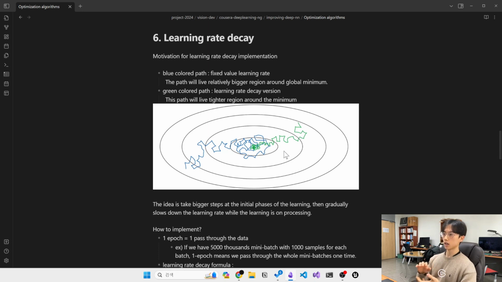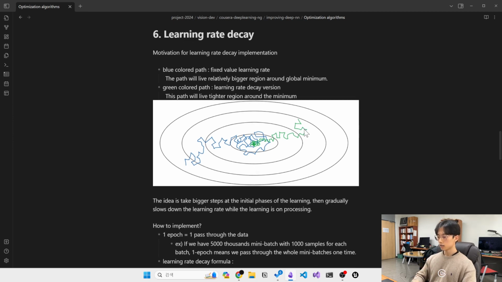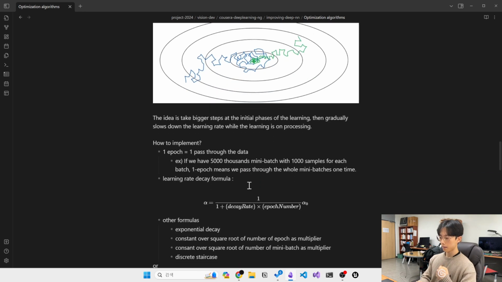But if we decay the learning rate gradually while we are in the learning process, the green path, our gradient descent path, can stay in a more tight region around the global optimum. So this is the basic idea.